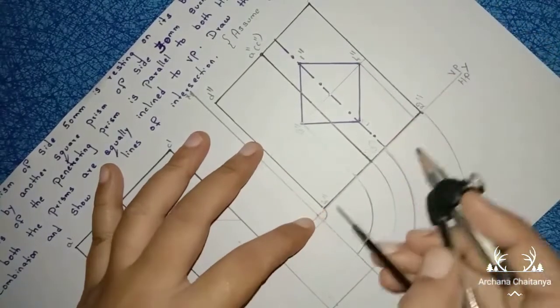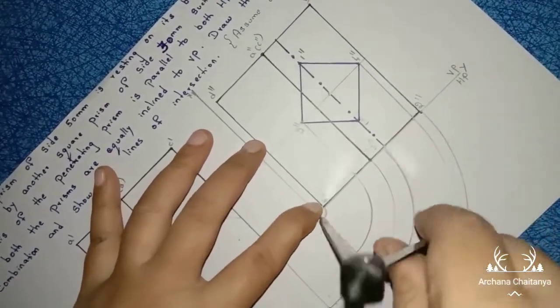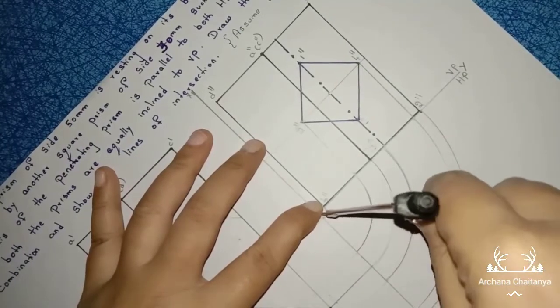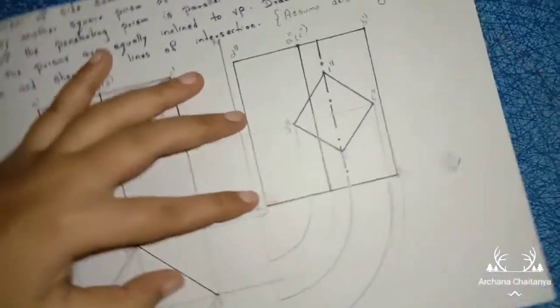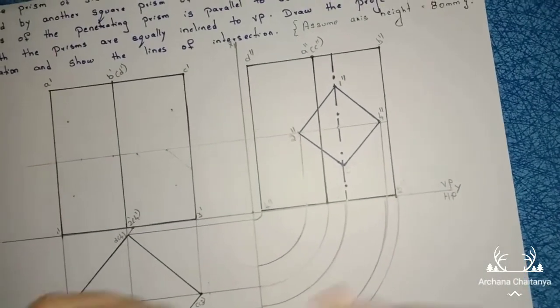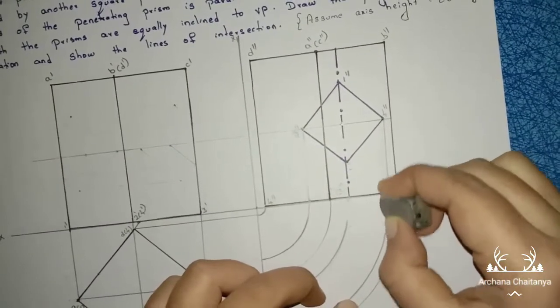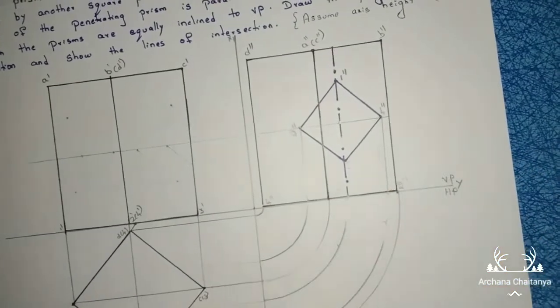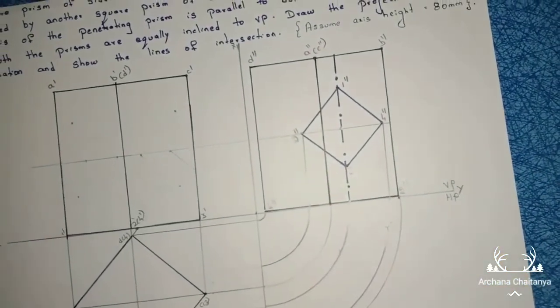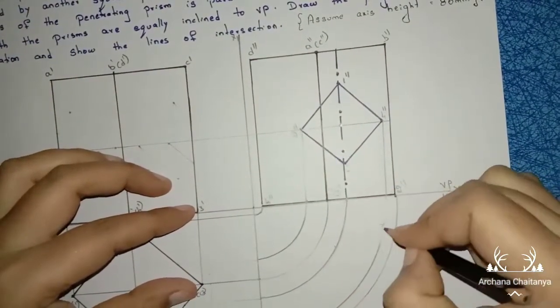Then next is here 4 double dash. Again take this distance with compass, draw an arc. Now see what we are doing after constructing this square. We are projecting all the points till the reference line with the help of the compass. We are constructing all these curves here.